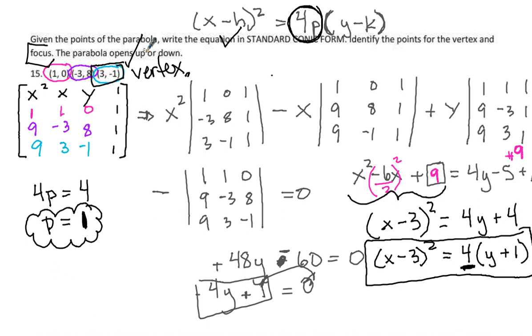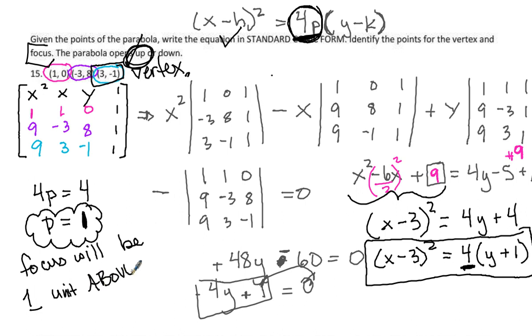Because this opens up, it's a positive p-value. That means the focus will be 1 unit above the vertex.